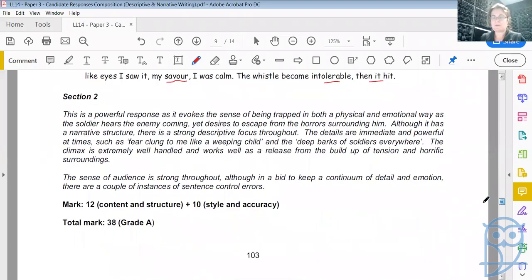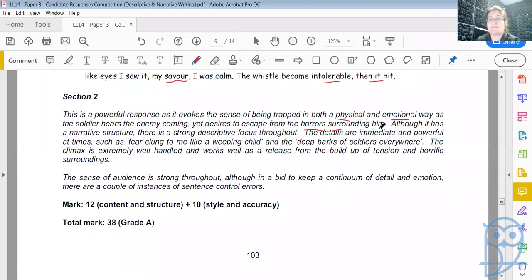Okay, so let's see what the examiner said. This is a powerful response as it evokes the sense of being trapped in both a physical and emotional way as the soldier hears the enemy coming, yet desires to escape from the horrors surrounding him. Although it has a narrative structure, there is a strong descriptive focus throughout.